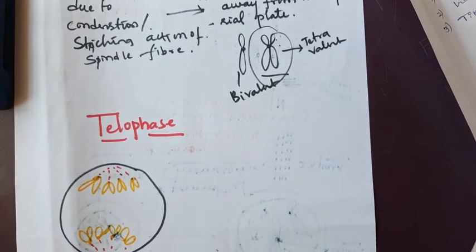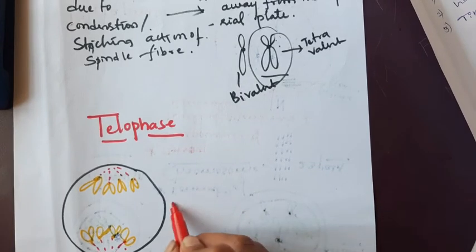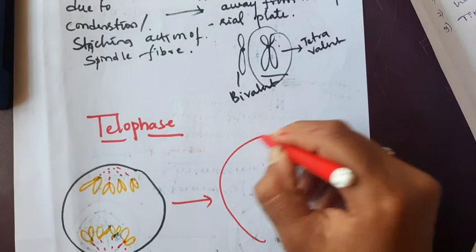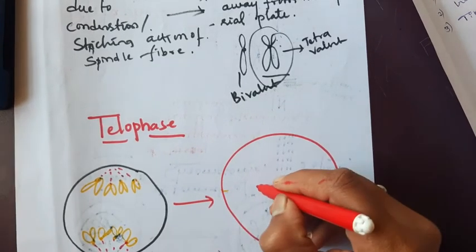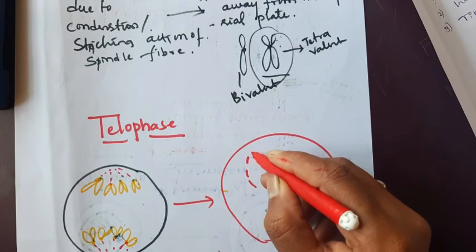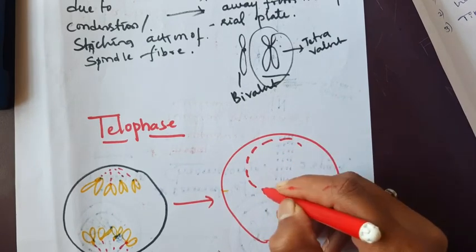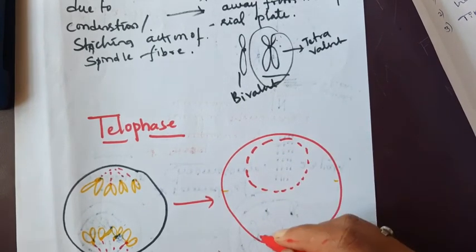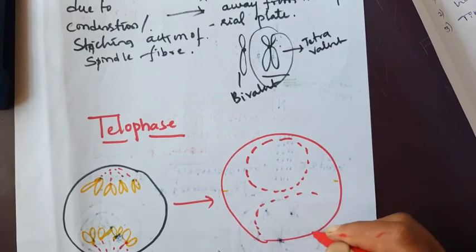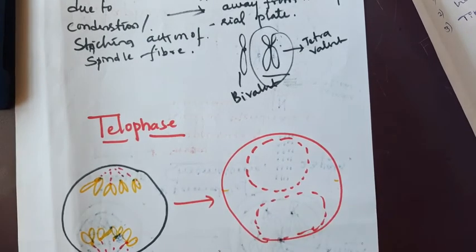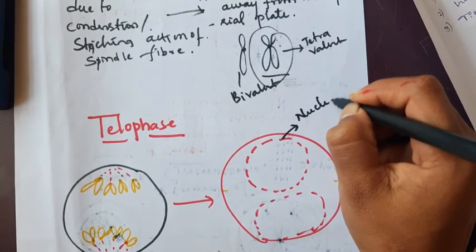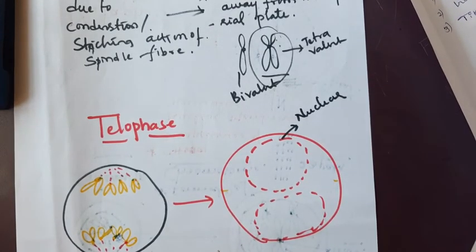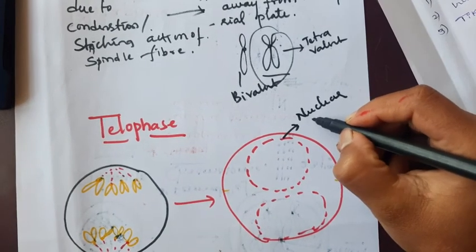These are the chromosomes. It's early telophase. Next there is a furrow formation here. Then reappearance of the nuclear membrane. This is the nuclear membrane, students.